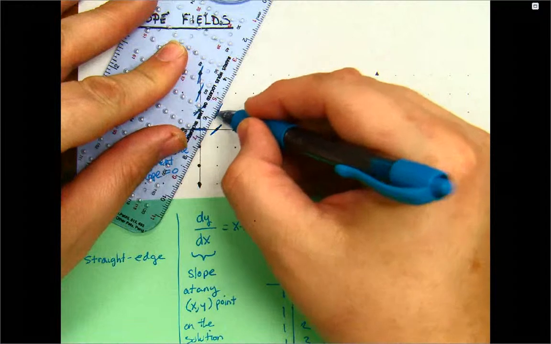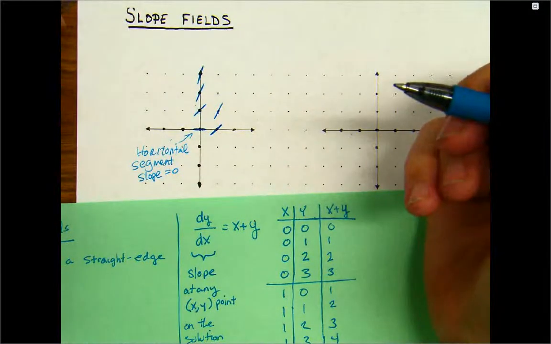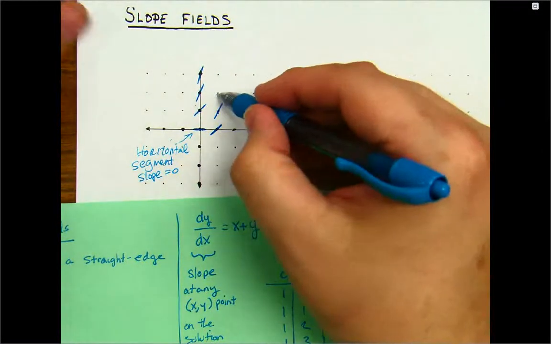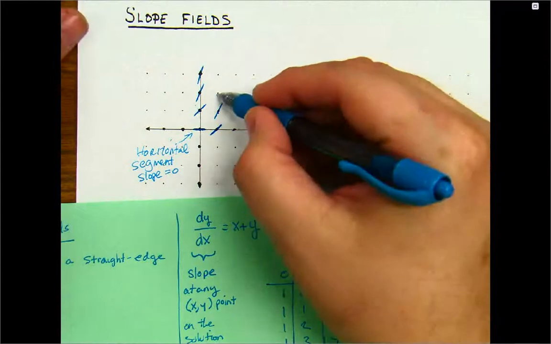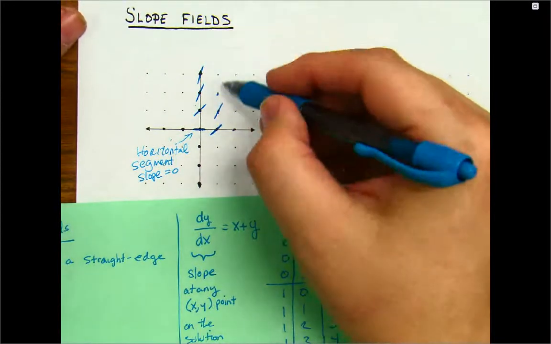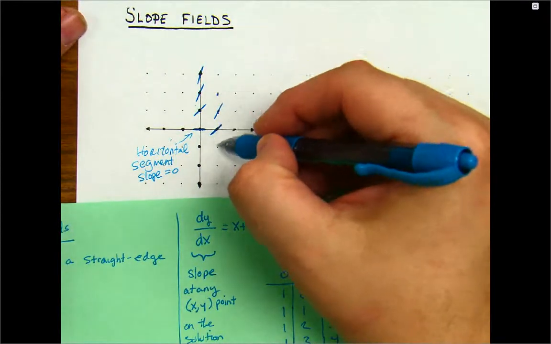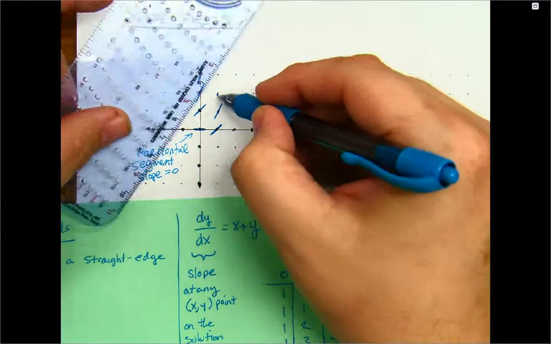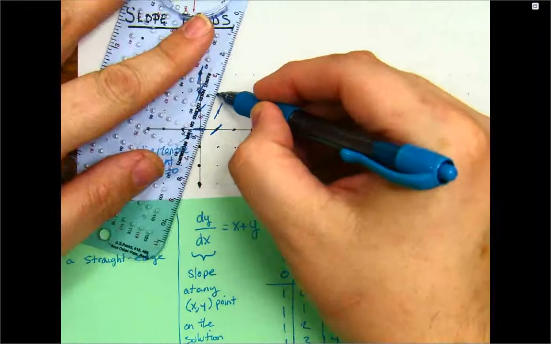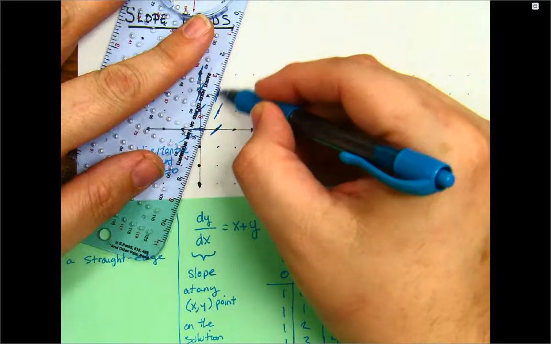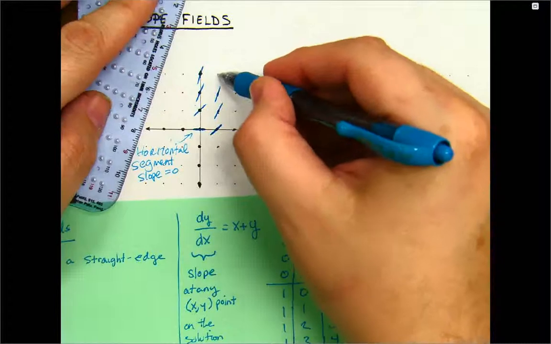Now for 3, I can't really go up 3, so I'll go down 3 and left 1. So I know that I'm going to go through this point, and I'll draw that. And then here it's 4. So 1, 2, 3, 4, 1.